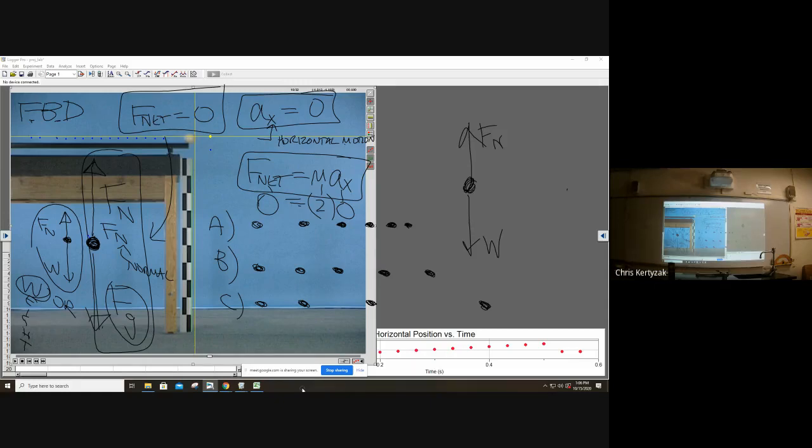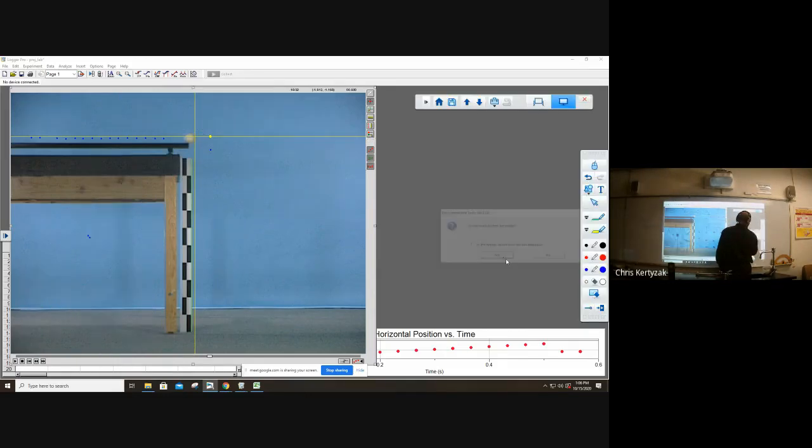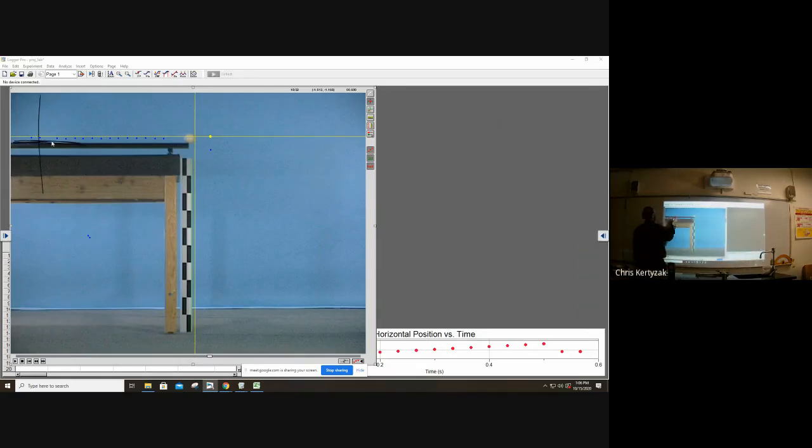Okay, now we wonder, what would the position versus time graph look like for the data I collected as it rolled across the table? Position versus time. The horizontal position is what I'm referring to. As it rolled, I'm going to erase all this. So if I decided to take an XY axis like this and say, this is some position X1, this is position X2, this was position X3, this was position X4.